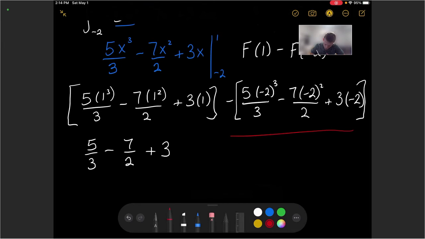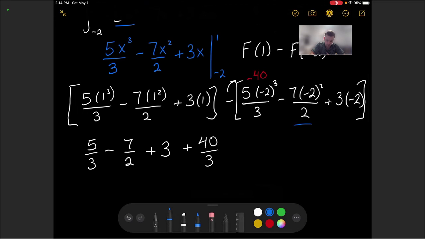So let's take a look at the first term. We'll have 5 times -2 cubed. In the numerator there, that would be -8 times 5, which would be -40. So we'll have really a plus 40 over 3 when we distribute this negative sign. Then in the second term, we'll have 7 times -2 squared, which is 4.